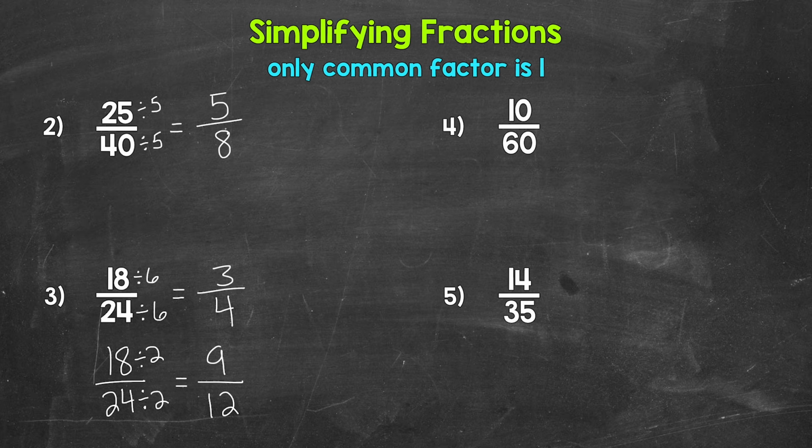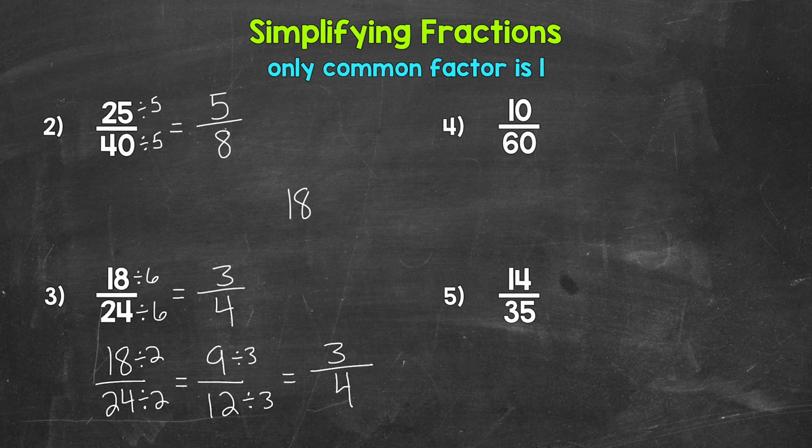But we have a common factor other than 1 that we can divide by here. We are not simplified yet. So what's that common factor other than 1? Well, 3. We can divide 9 by 3 and 12 by 3. 9 divided by 3 gives us 3, and 12 divided by 3 gives us 4. So we end up with 3/4 that way as well.